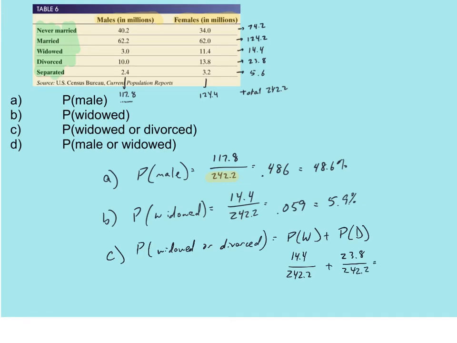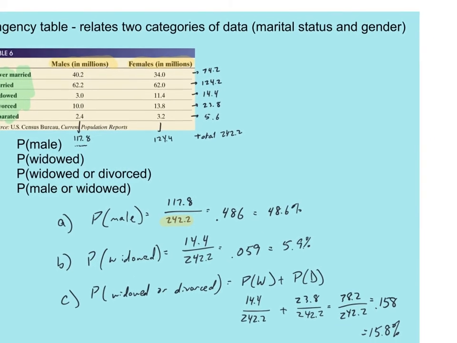And when I add them up, 14.4, 23.8, I get 38.2 over my denominator, 242.2, and then checking that guy in my calculator, that's about 16%, 0.158, or 15.8% for part C.